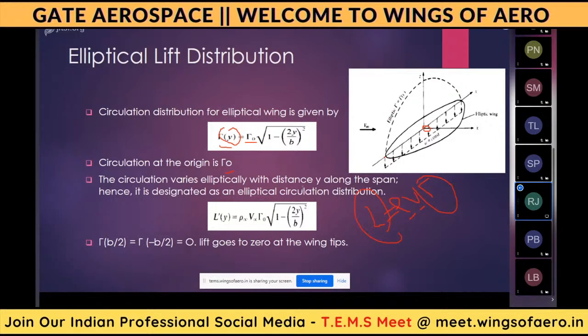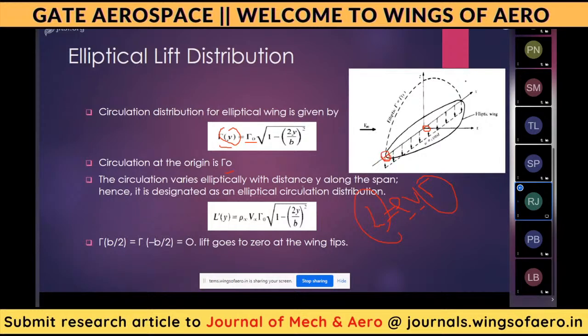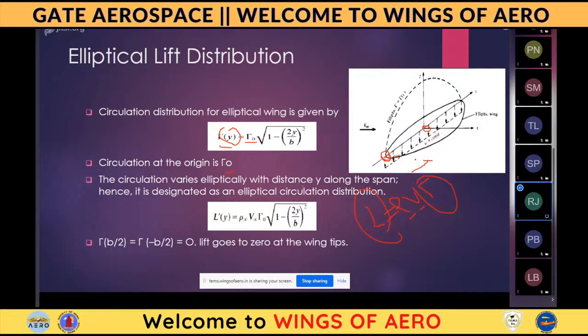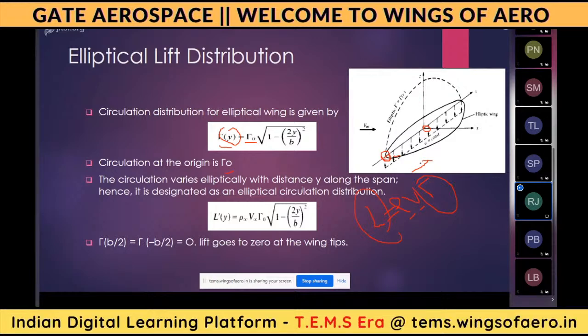At the tips, the lift distribution is 0 because the circulation is 0 at the wing tip, and over the chord it increases.